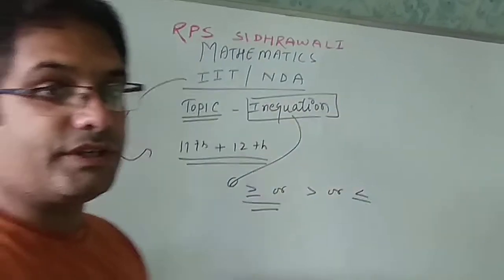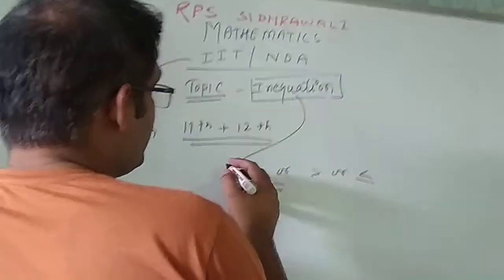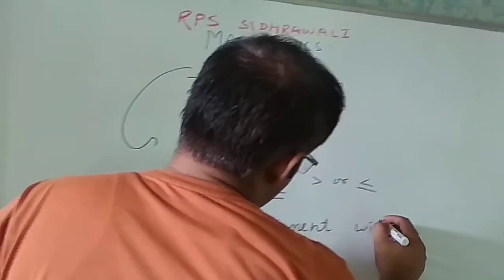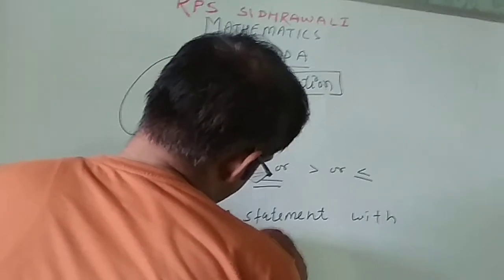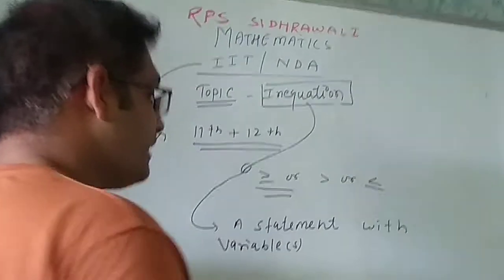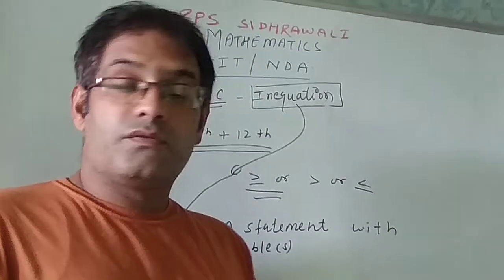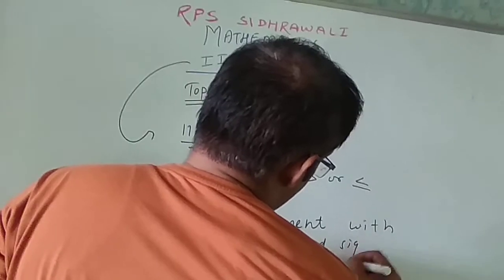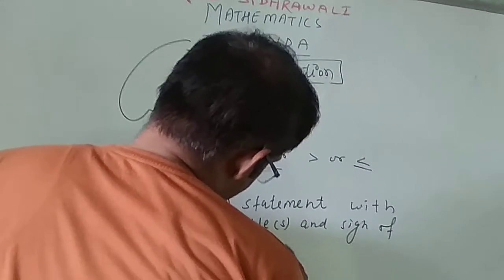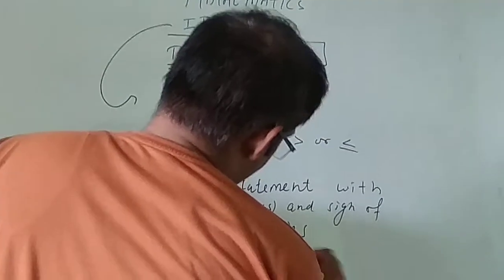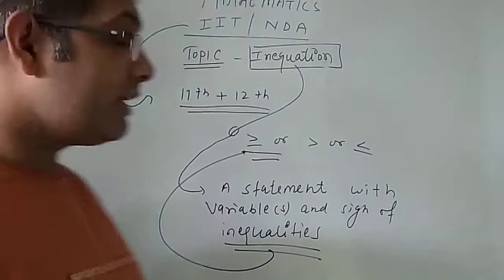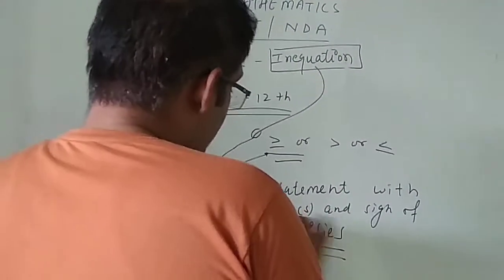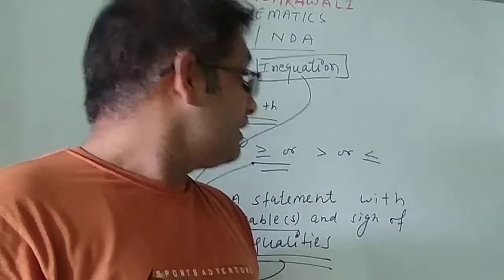These are the signs of inequalities. When we define inequation, we define it as a statement with variable or variables, because writing variable or variables means there are one or more than one variables in equations with signs of inequalities. Greater than, equal to, less than, greater than: these are the signs of inequalities. If a statement consists of variables and signs of inequalities, we say this is an inequation.